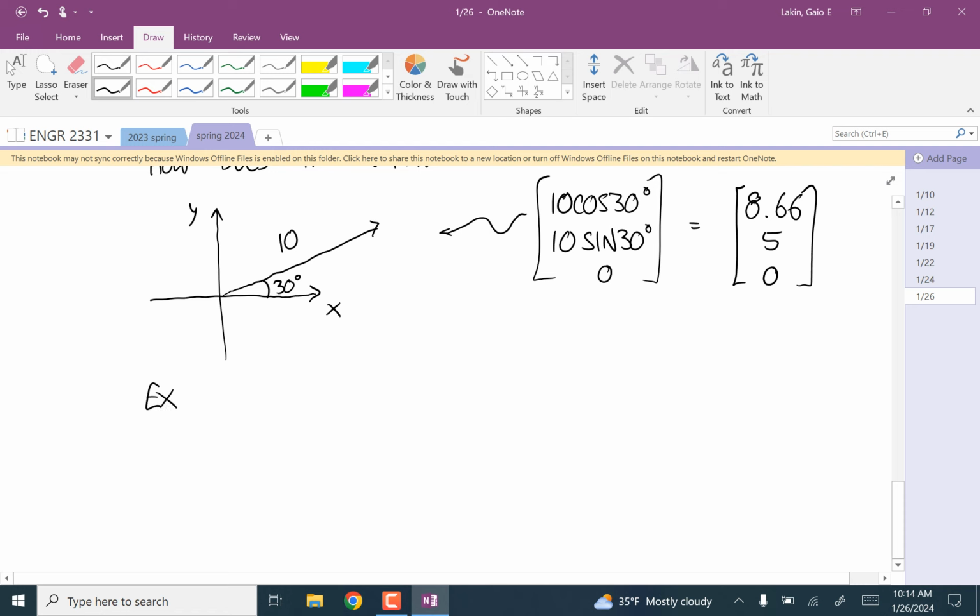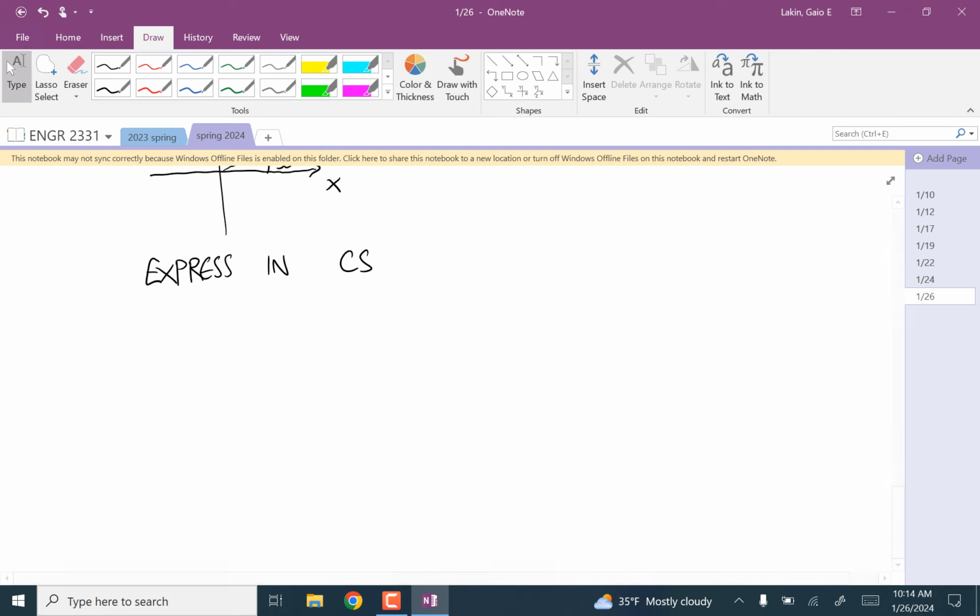And now let's say we want to express that vector in a new coordinate system. It's still the same vector, but now we want the x-axis to be aligned with it.